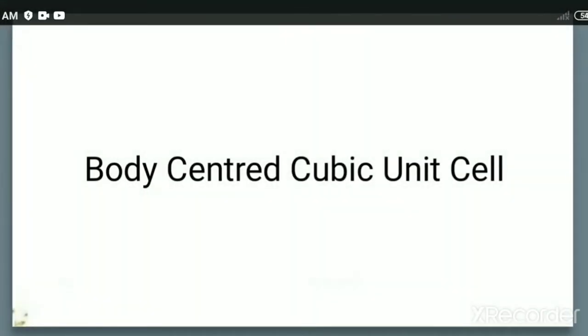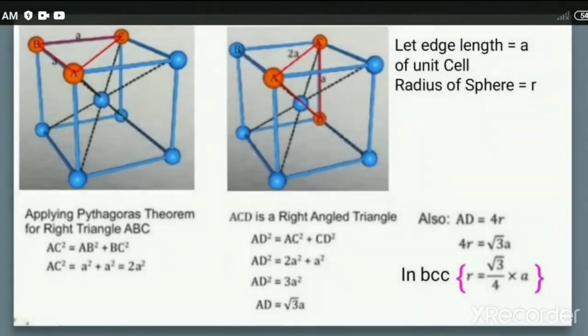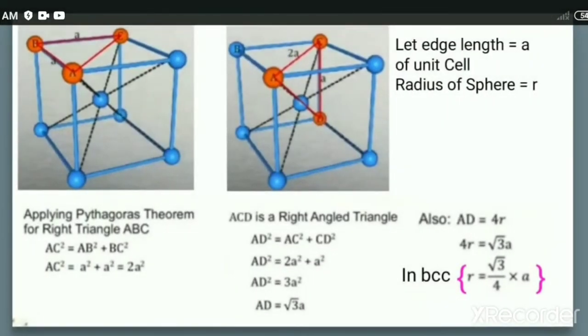Let us find out the relation for the body centered cubic unit cell. In the body centered cubic unit cell, particles are not only present at the corners, but one particle is present at the center. That is, the whole particle is present in the body of the cube. So let us derive a relation here.